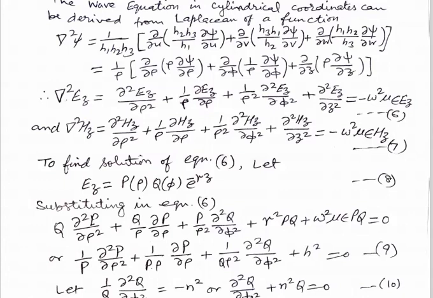Now if we substitute equation number 8 into equation number 6, this gives us the following equation, and dividing each term of this equation by pq, we get equation number 9.